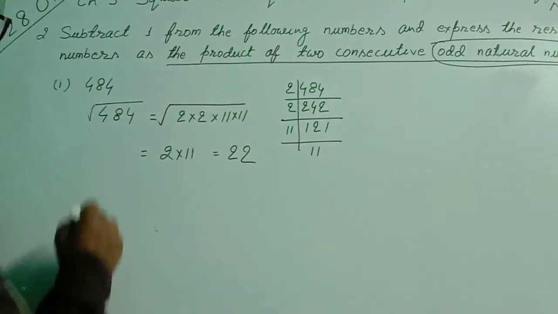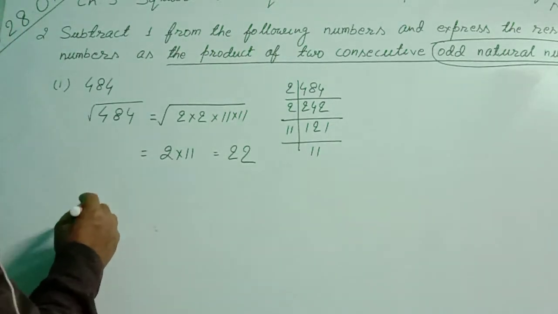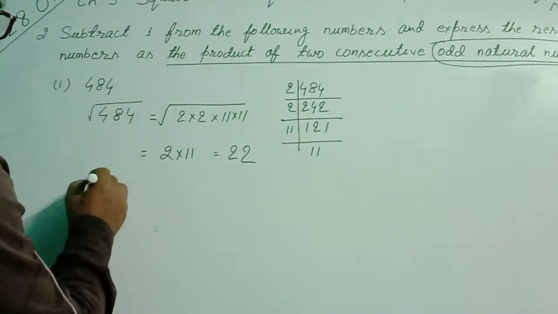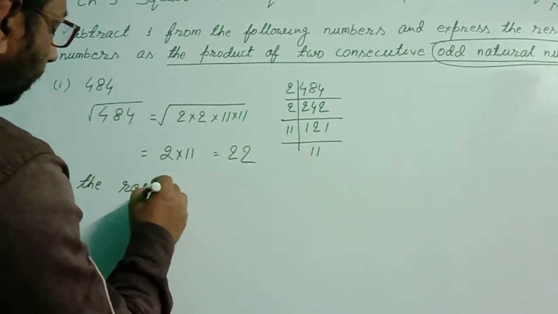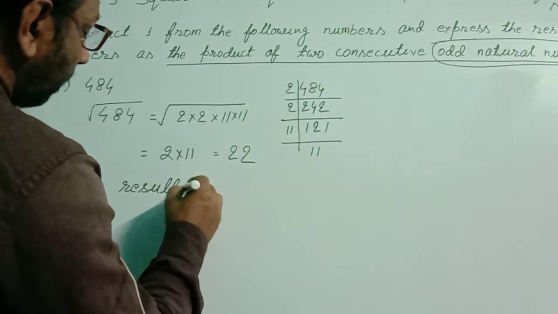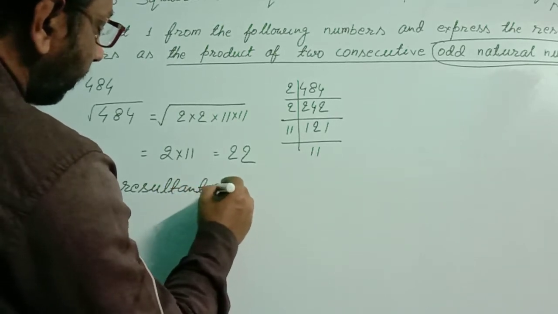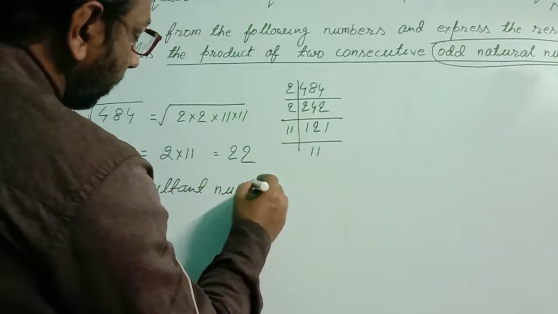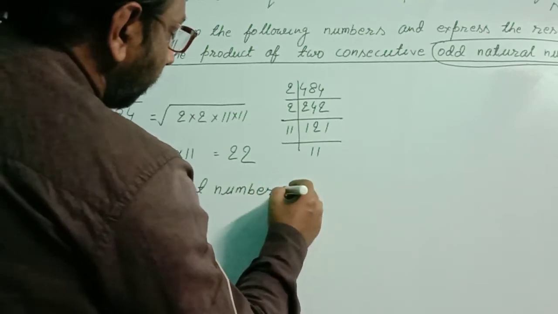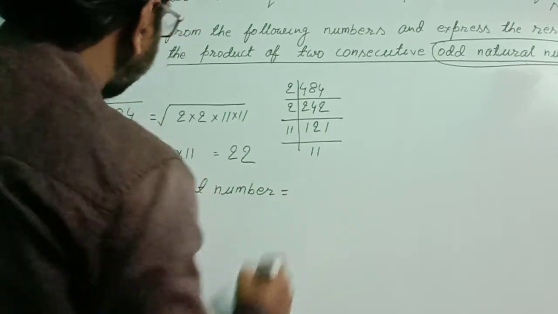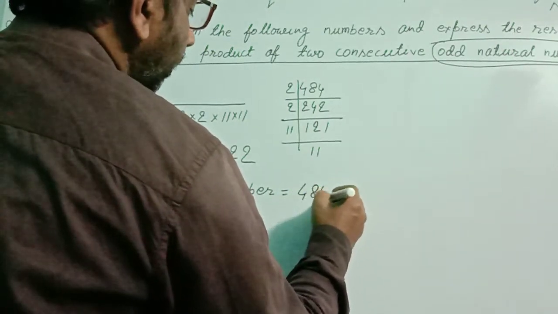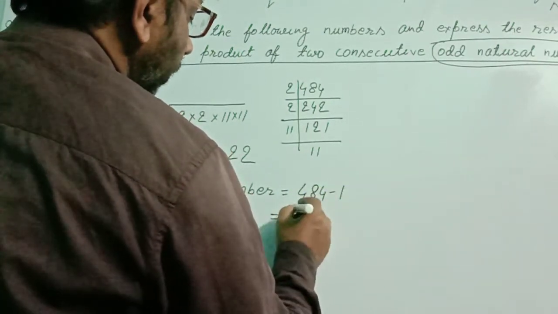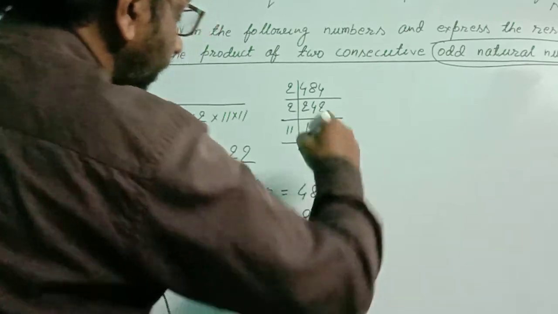Now we write the resultant number that we get subtracting 1 from 484. 484 minus 1, we got 483.